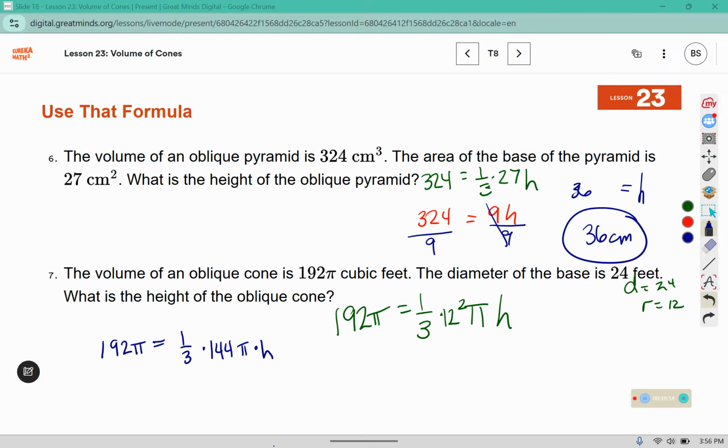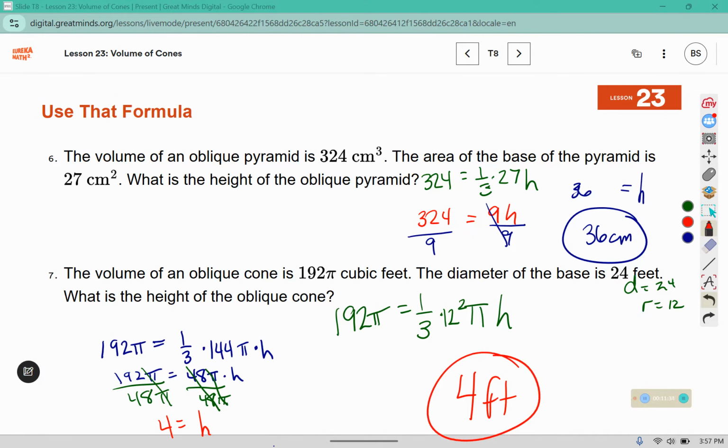A third of 144, or 144 divided by 3, is 48. Then we'll divide both sides by 48 pi, so the pi's divide out. And 192 divided by 48 is 4. On the right side, we're left with h. So that is 4 feet for the height of the oblique cone.